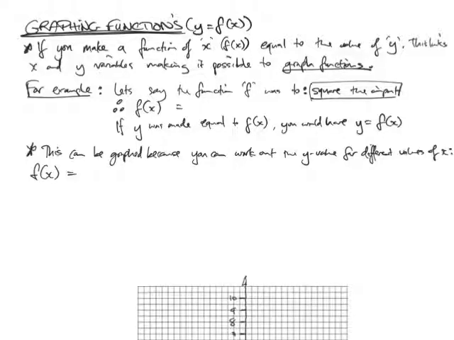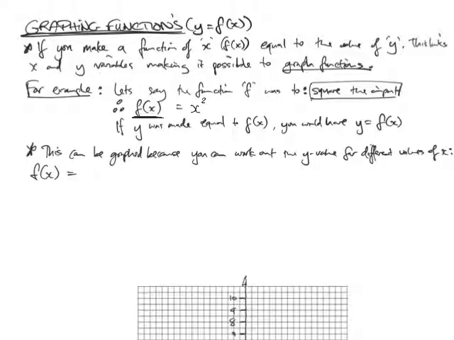So if the x values go through any function, it's going to spit out a y value if you've made the y equal to whatever the function of x is. For example, let's say the function f, the function that we're going to be using as the example, is to square whatever the input is. Based on our previous video and our previous knowledge, if the function is to square the input, the result of the function of x is going to be the input x being squared.